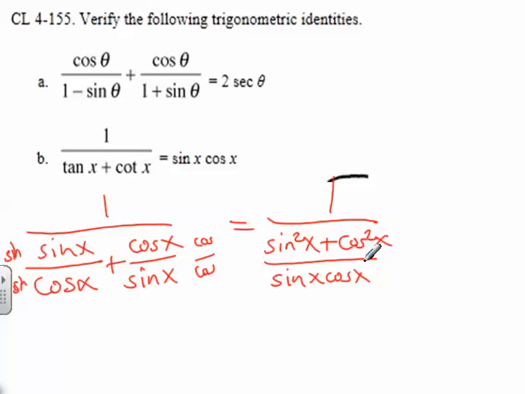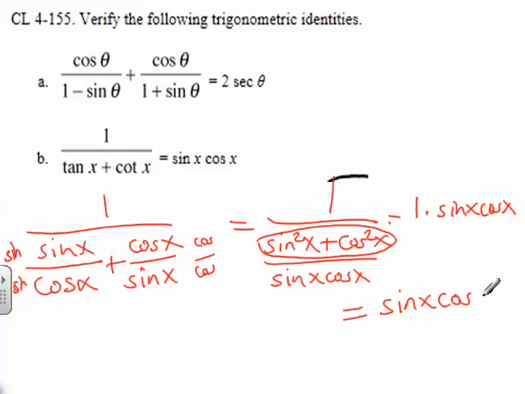Next, I can replace all of this with 1. So this is basically a 1 times 1 over sine cos. So I'm going to multiply that by sine cos. And that's what I get. Sine x cosine x is the outcome, which is exactly what we wanted. Yay.